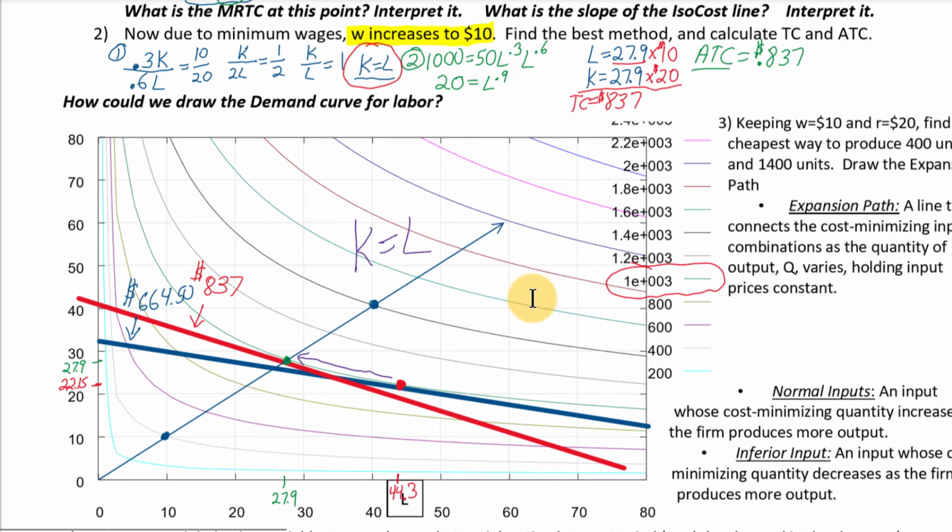Now, there are other possibilities, of course. One thing you might see in your textbook as you're looking through it is there is an interesting idea about asking the question, in the long run, as we expand output, are we using more capital and more labor? And in this case, we definitely are.